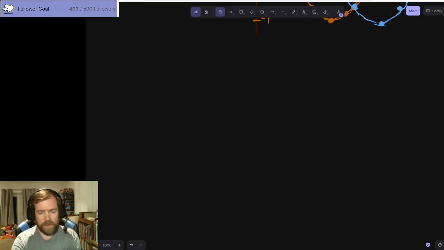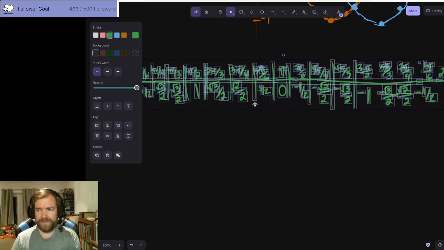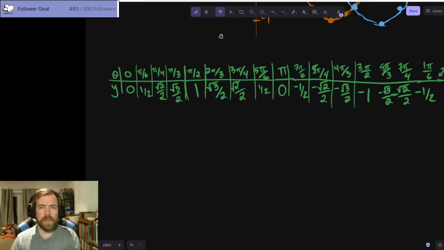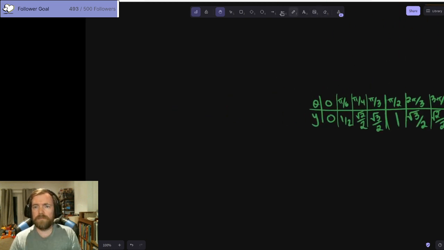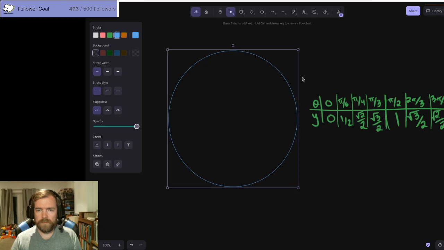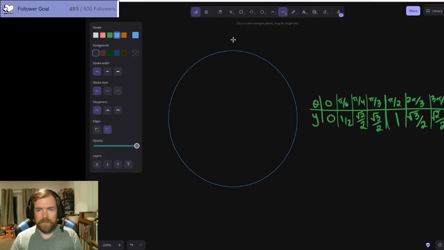But then, what about tangents? Well, if we're looking at just a regular unit circle type thing, anybody who hasn't seen this yet, you're in for a real treat.